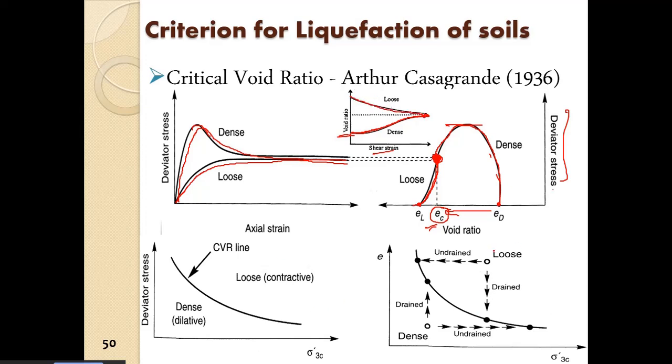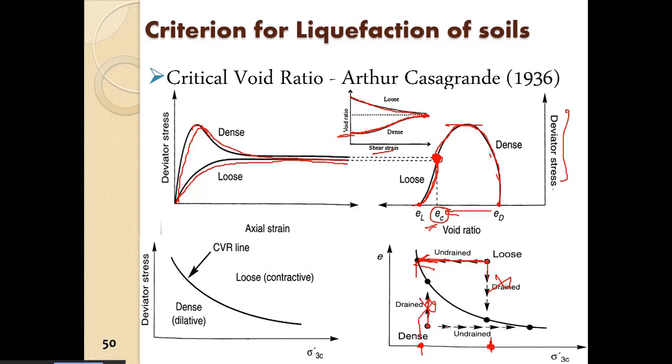Alternatively, if drainage is prevented, pore pressure will generate and the effective stress will reduce. It will come from this point to this point. In case of dense sand, if drainage is allowed, there is expansion in volume.